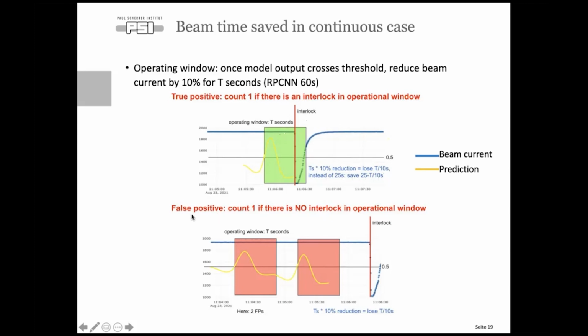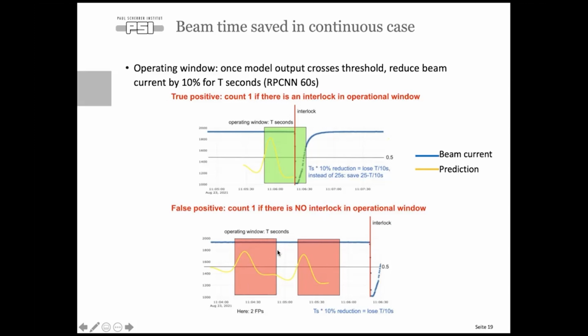And if we have a false positive, meaning that the prediction is above the threshold, which means the model tells us there's going to be an interlock, we start to reduce the beam current by 10%, but actually there is not an interlock. So this is a false positive, and in this case we would just lose t over 10 seconds.